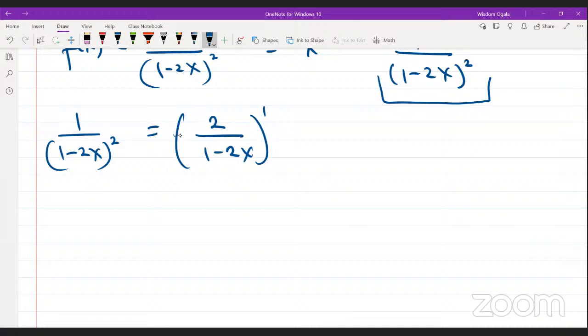If you differentiate this using the quotient rule, you will get this back. But I can pull out 2 definitely. All right, so this is what we're going to be left with.